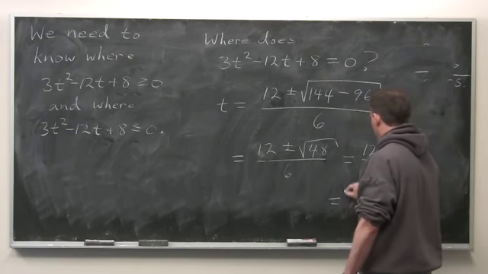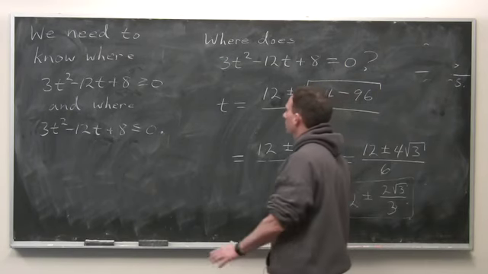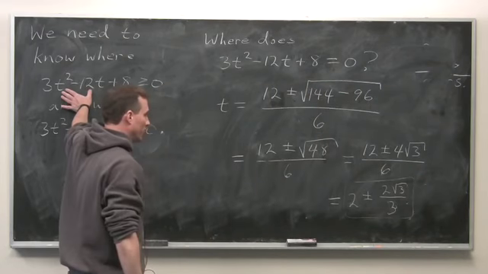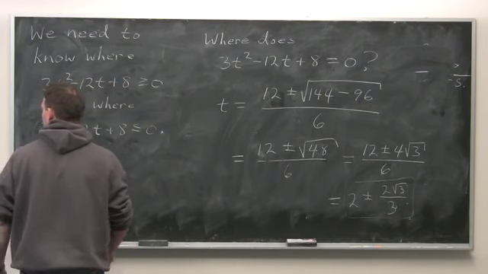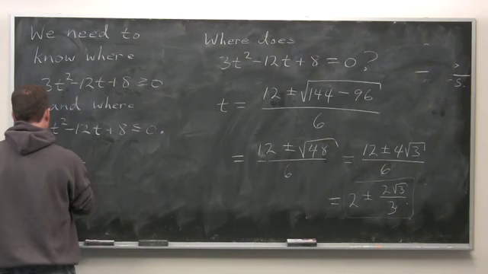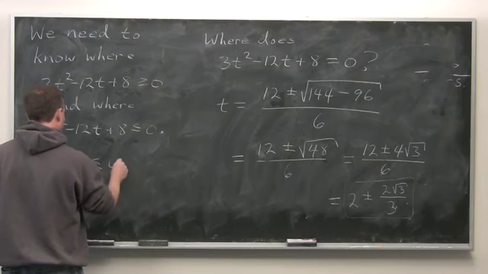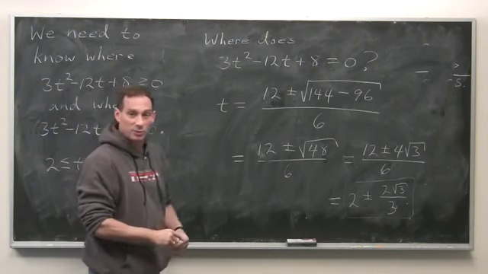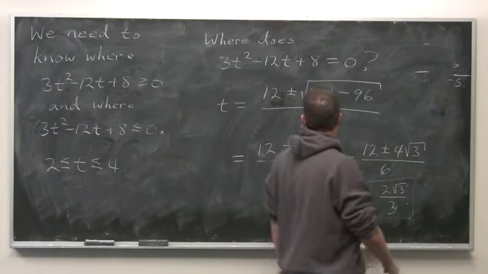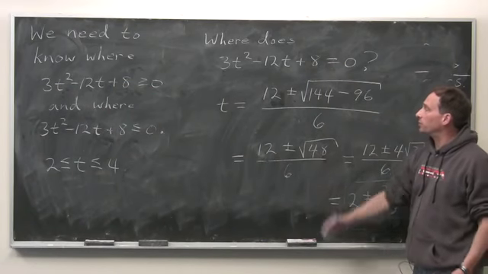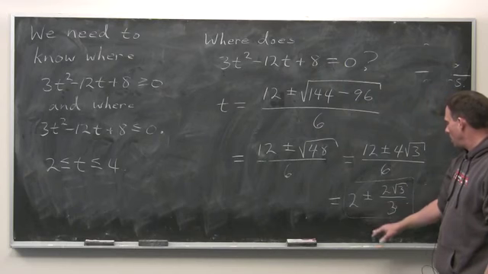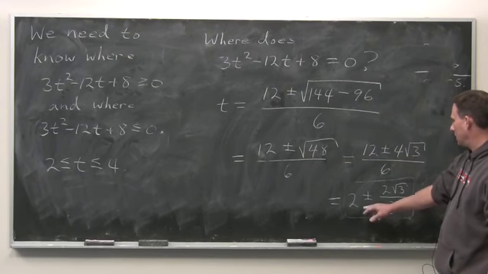So this is where this quantity hits 0. Of course, we're only looking at t's between 2 and 4. So at what t values between 2 and 4 does 3t squared minus 12t plus 8 equal 0?